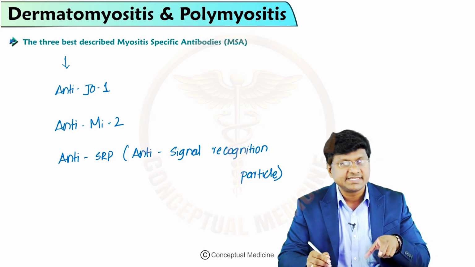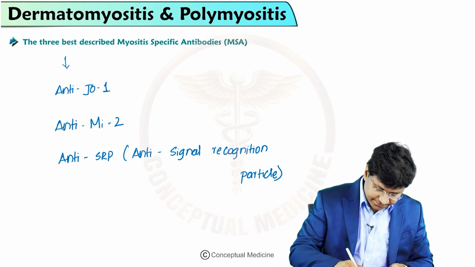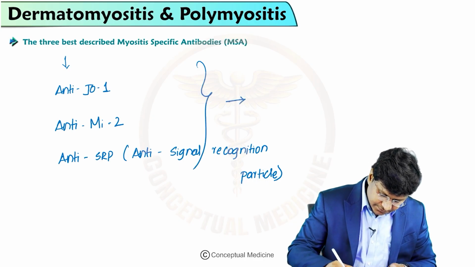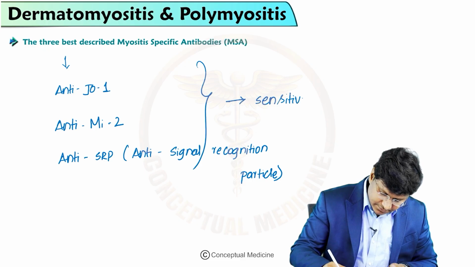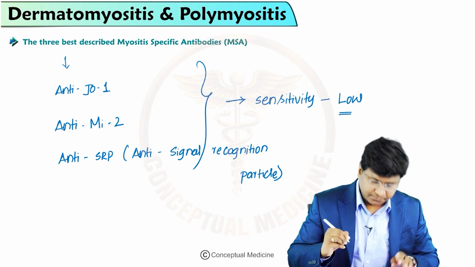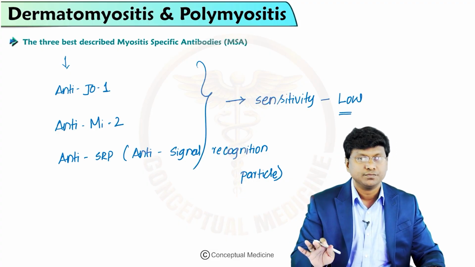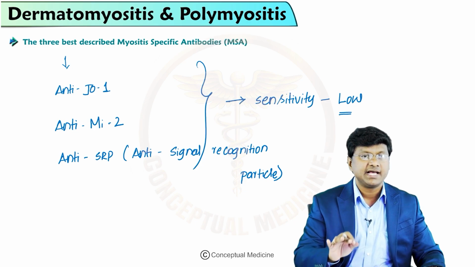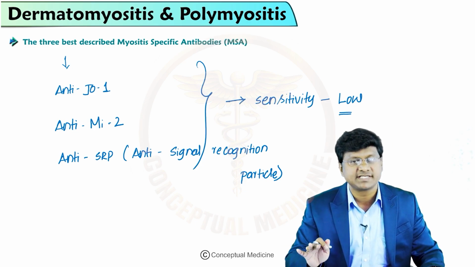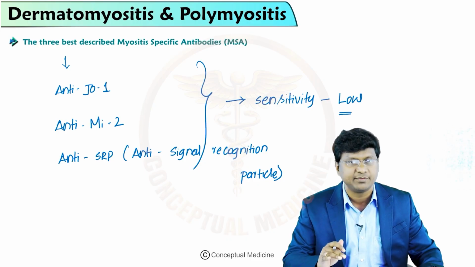And the sensitivity of these antibodies is believed to be low. So these are the three best described myositis specific antibodies.